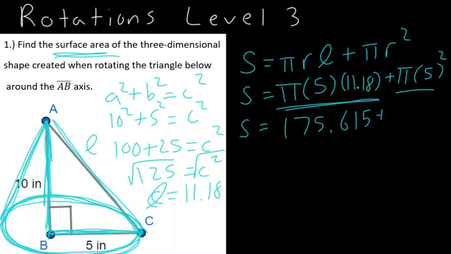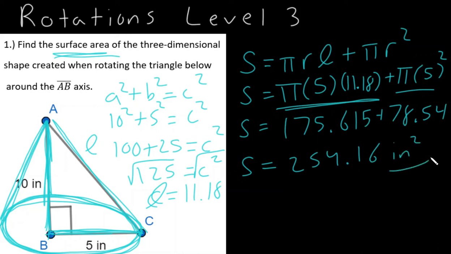Now 5 squared, you know that's 25, so 25 times pi will give us 78.54, since I'm running out of room here. It's a little hodgepodge rounding, but we have 175.615 plus 78.54. And it turns out our surface area is going to be 254.16 rounded to the nearest hundredth. And of course its surface area will be inches squared.